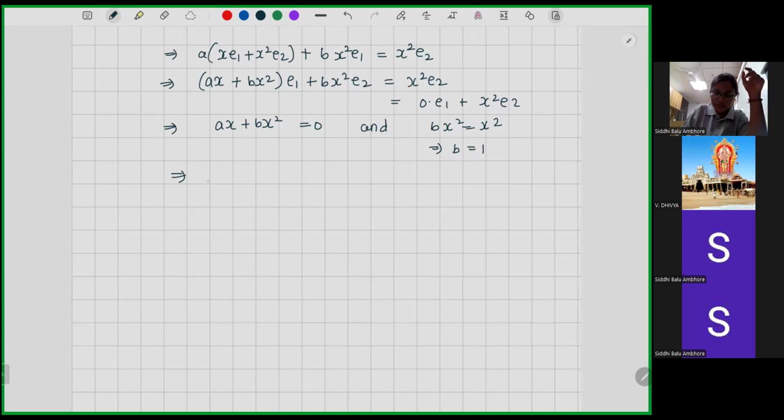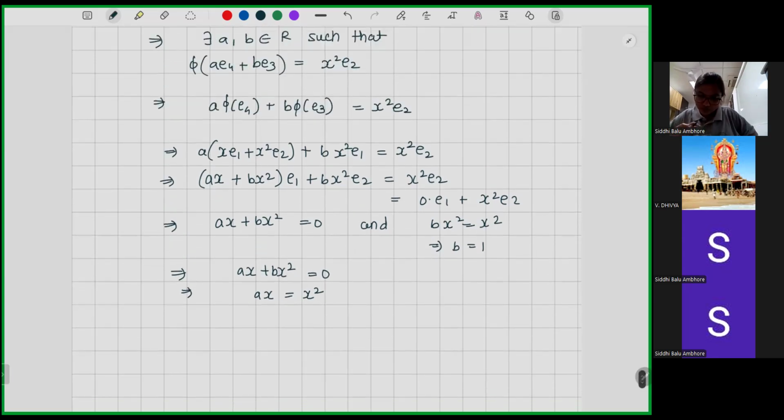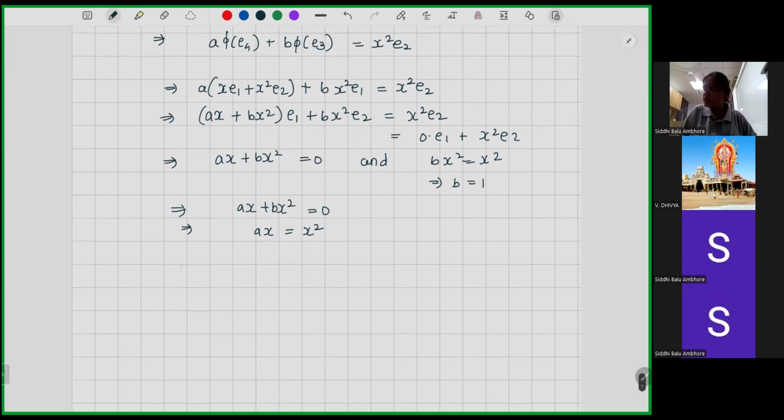Yes, Ax plus Bx square is equal to 0. So this implies Ax is equal to x square. Ma'am, Ax square E2. Yes, yes. So this implies A is equal to 1.